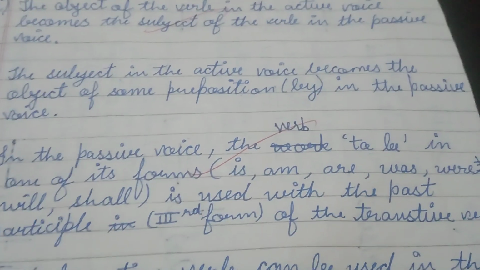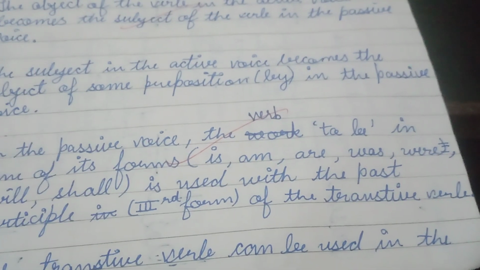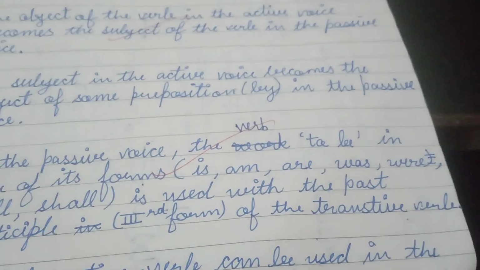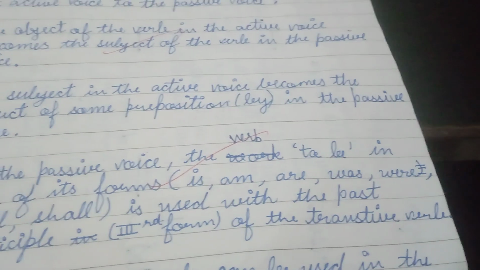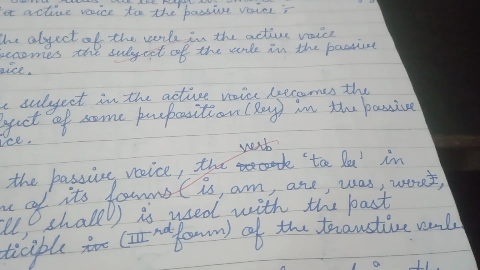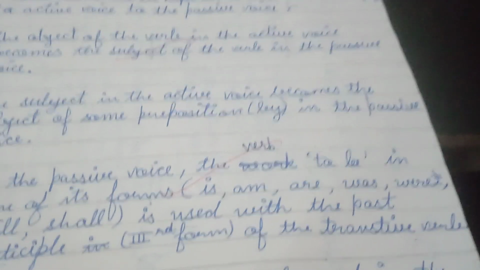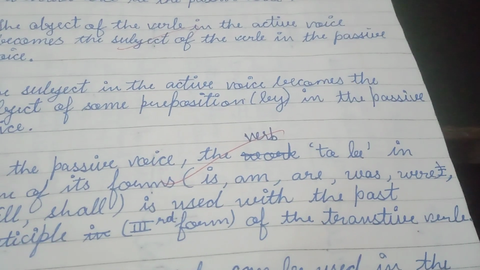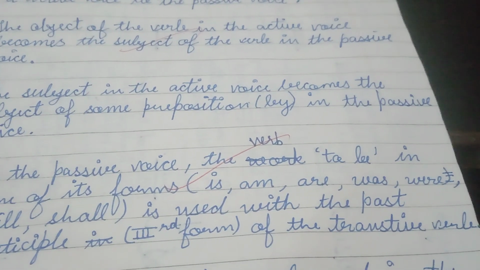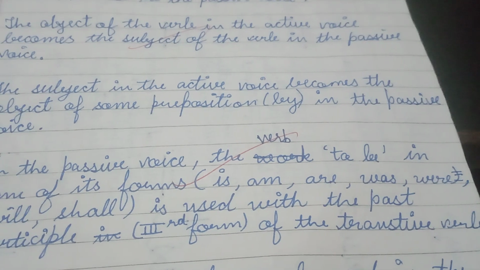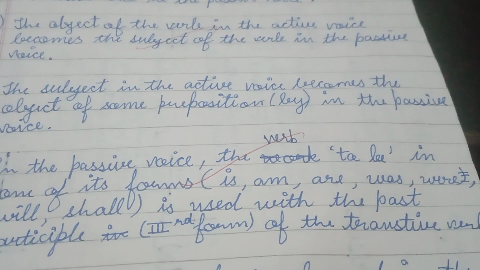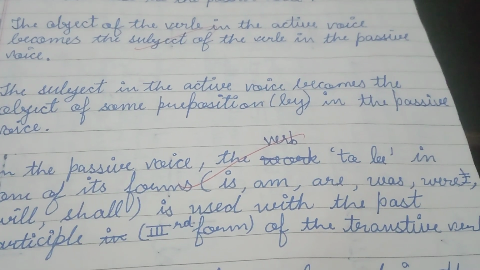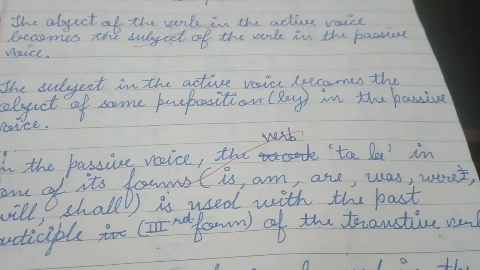Moving on to the next rule, which is rule 3. In the passive voice, the verb to be is used in one of its forms. Now, to be is a verb. What is the definition of the verb? A word that tells you about the state of being or any action done is a verb.